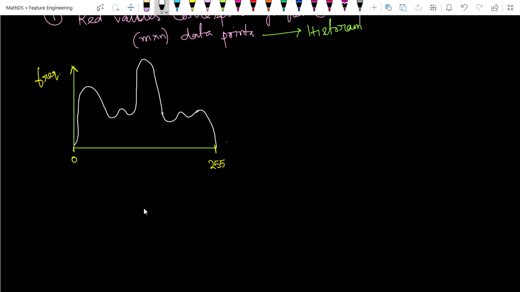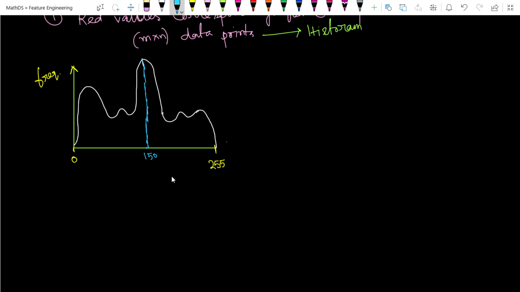Okay, suppose like this. Just see it from these pictures, you can conclude that about these regions, its frequency is mostly high. Suppose its value is somewhere 100, somewhere 150.